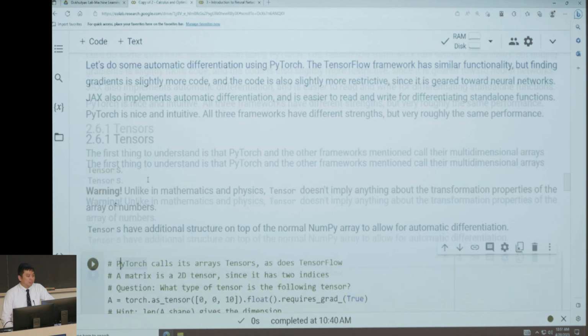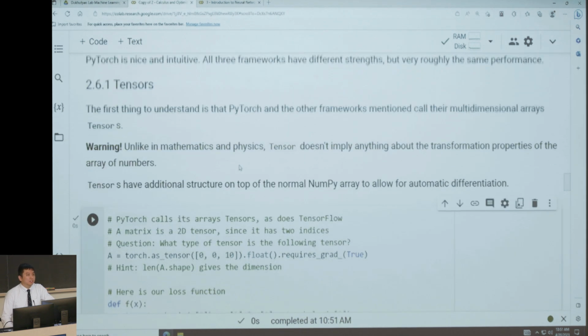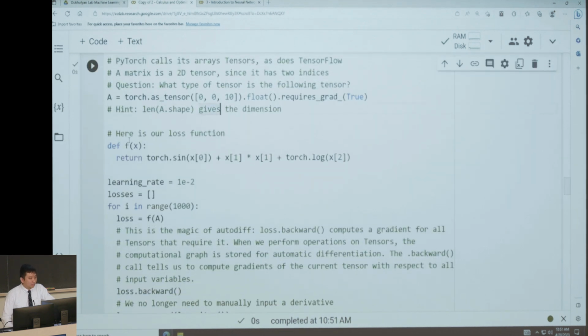So these are kind of fancier versions of NumPy, which are designed to give you this automatic differentiation ability. So here's our function. I've defined our function in terms of PyTorch operations and simple additions, multiplications, that sort of thing. So this is the same thing as we saw before, the sine of x plus y squared plus the log of z.